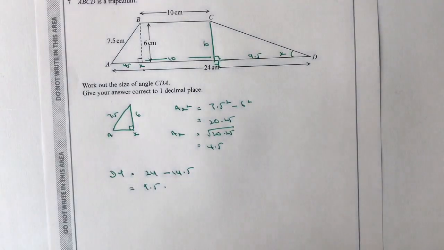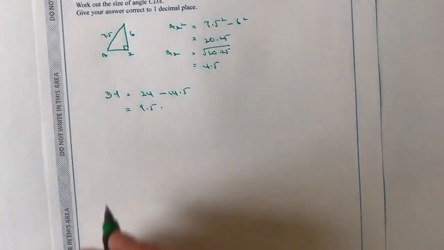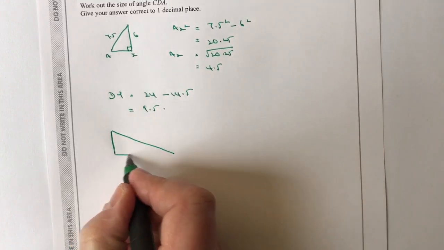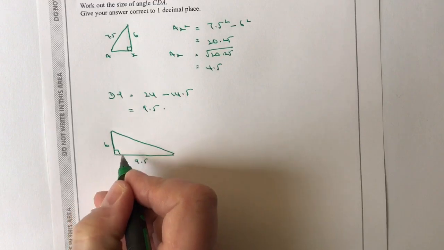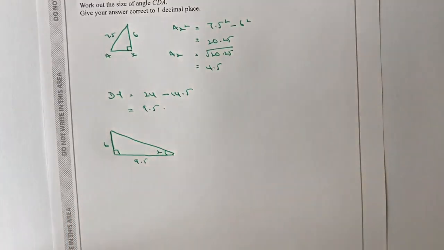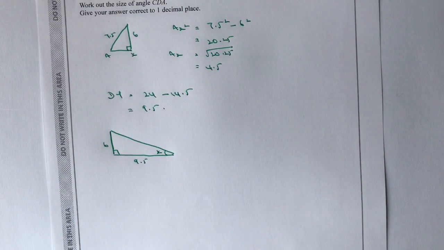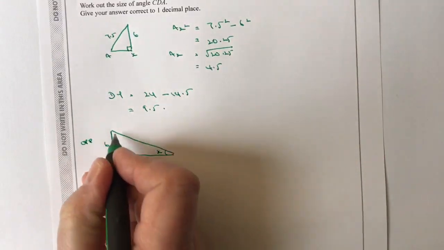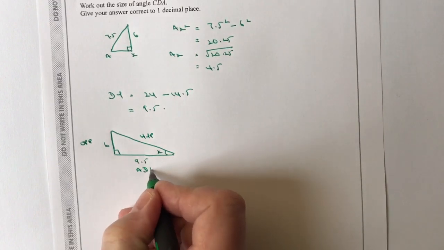If I draw that separately, you'll hopefully be able to follow through from the main diagram. I have a right angle triangle with a height of 6, a length along there of 9.5, and this is the angle that I'm looking for. Before I do anything, I'm going to label this triangle, because opposite angle x is this line, the longest is the hypotenuse, and the one that's left is the adjacent.